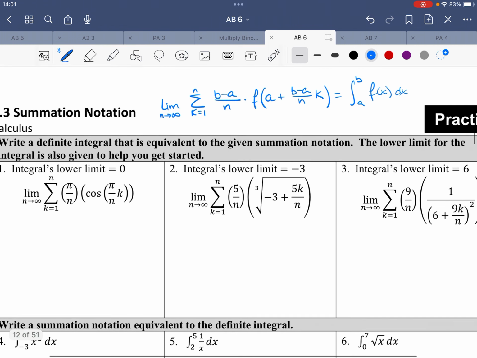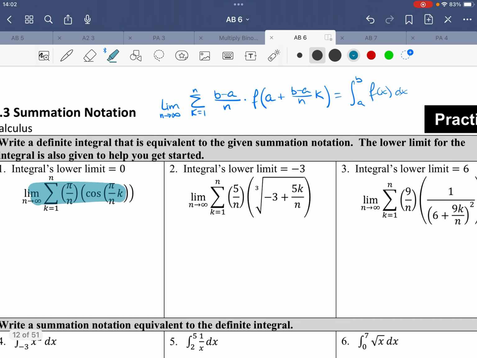So here we have to somehow map this expression to this. And the way I like to look at it is what works. Right now, this and this are the same, so we don't have to worry about that. This and these are the same, so we don't have to worry about that. Then what I see next is this.